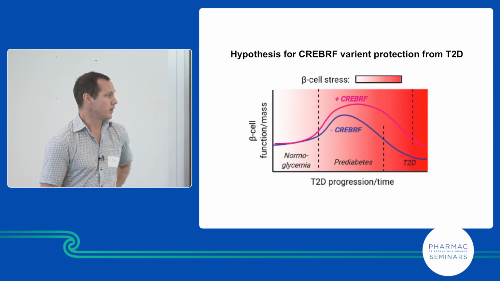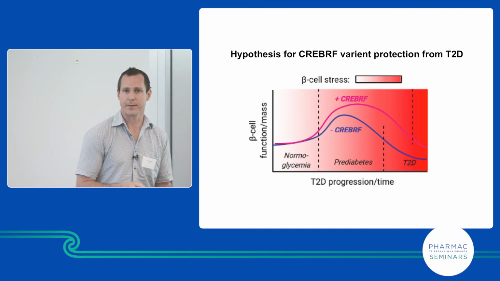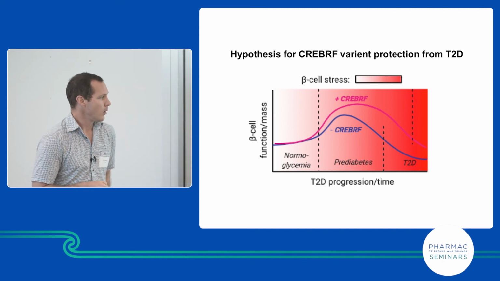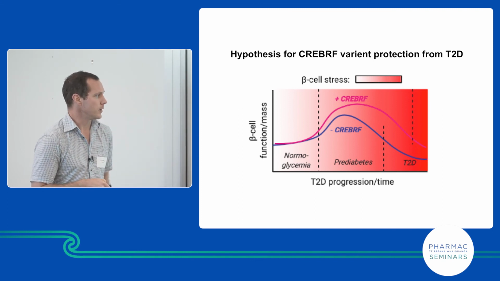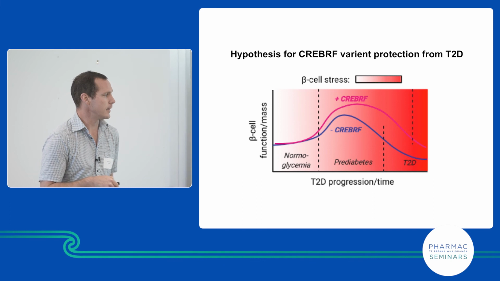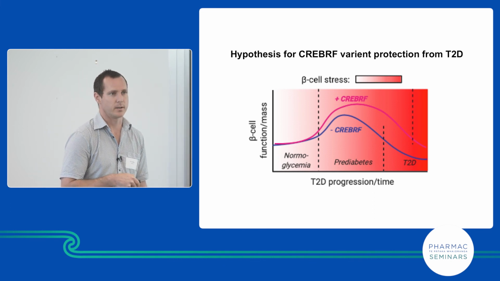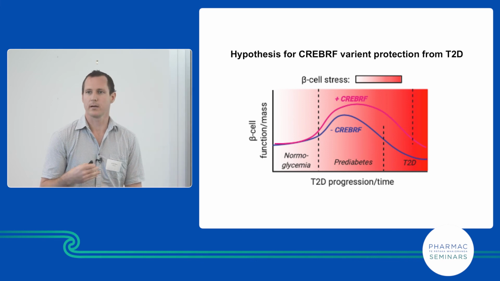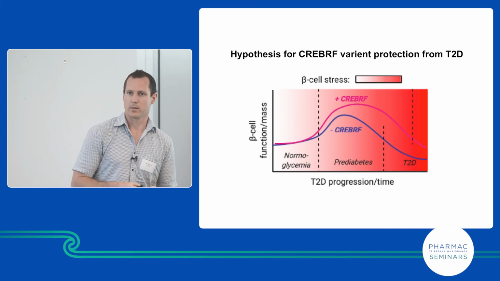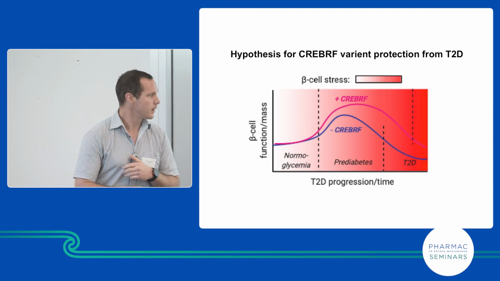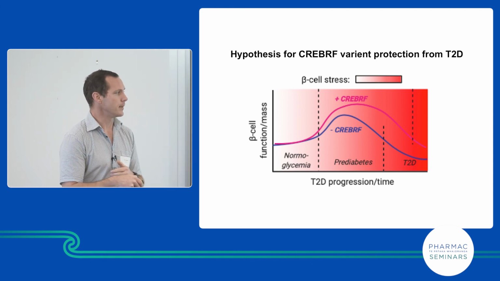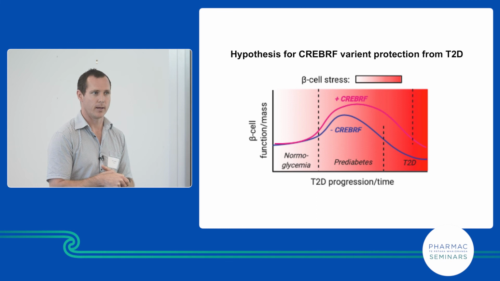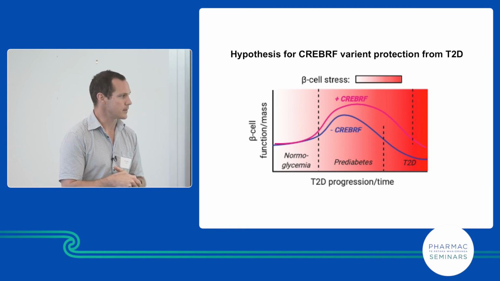And that's kind of a graphical model of our hypothesis around this, is that when you're normoglycemic, your blood glucose is sitting around here, your beta cell function is really good, but when you go into this progression of prediabetes, your pancreas has to work harder because we need to lower the blood glucose levels. So you increase your ability for insulin to be released, but at some point this decreases.